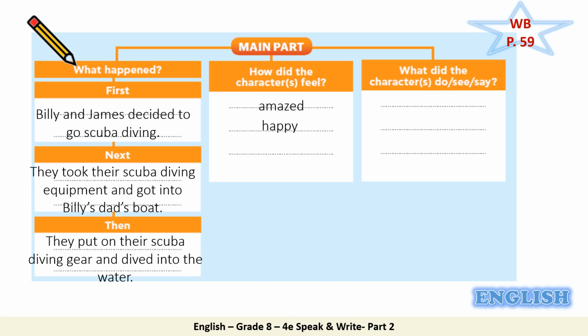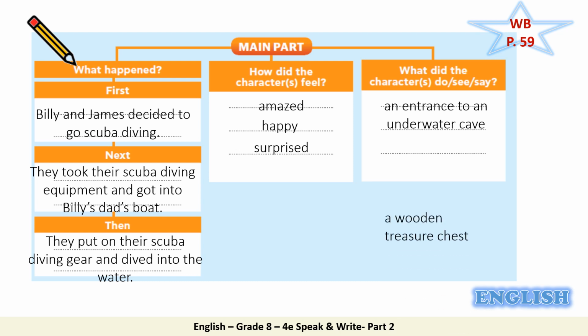Of course, amazed, happy, surprised. You can add more adjectives if you are interested in that. What did the characters do, see, and say? Right, you can say an entrance to an underwater cave, a wooden treasure chest. Great job, everyone.